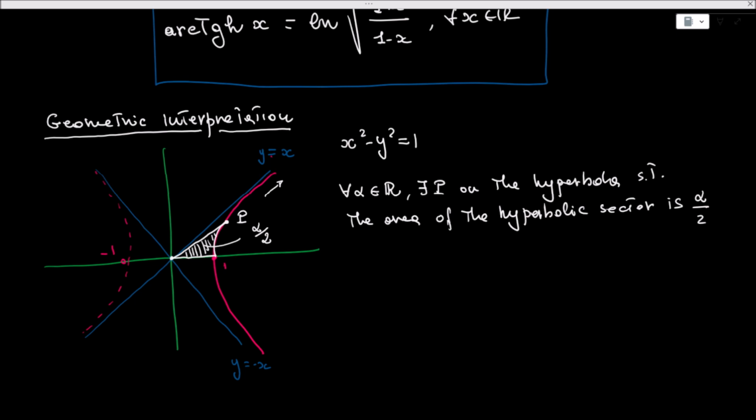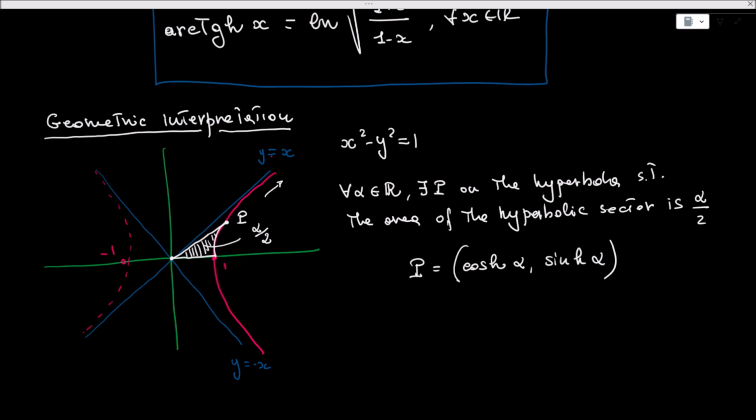What are the coordinates of this point P? These coordinates are hyperbolic cosine of alpha and hyperbolic sine of alpha. So this is the connection between the hyperbola and the two functions that we have identified.